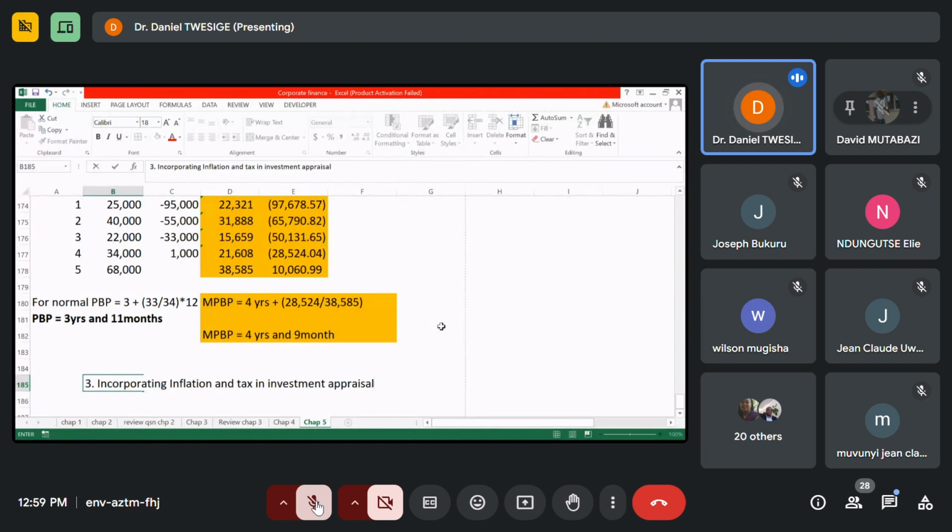Incorporating inflation and tax, I think that's number 3 in our discussion point.